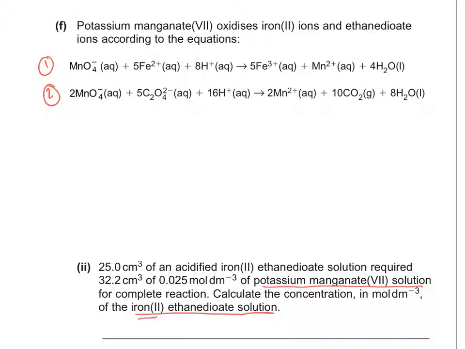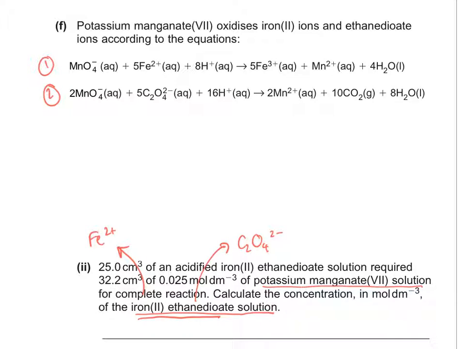In the salt of iron 2 ethane dioate, you're going to have your iron 2 plus ion and you're going to have your ethane dioate ion. Now, even though iron's positive and ethane dioate is negative, our first 2 equations tell us that potassium manganate actually oxidizes both of them.